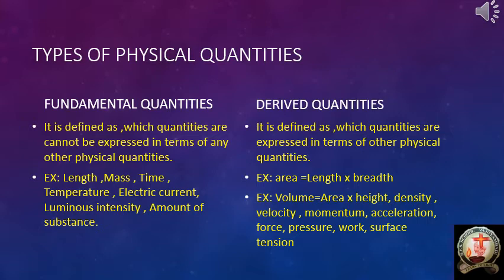Okay, now we should see the definition of the derived physical quantities. It is defined as those quantities which are expressed in terms of other physical quantities. See here, quantities which are expressed in terms of other physical quantities. That type of physical quantities are called derived quantities.